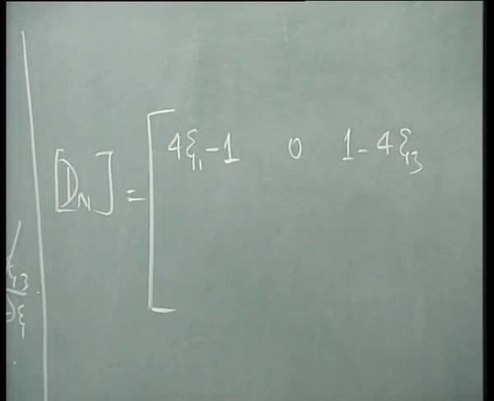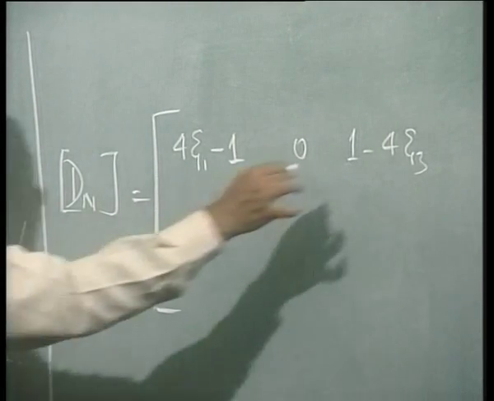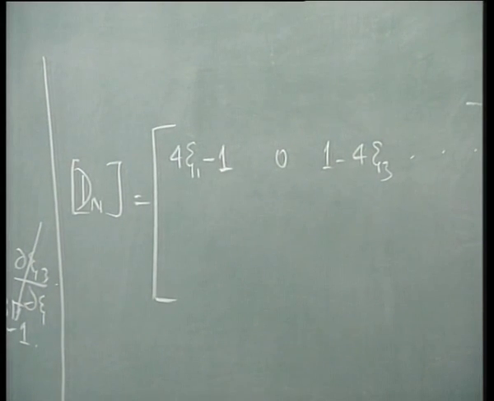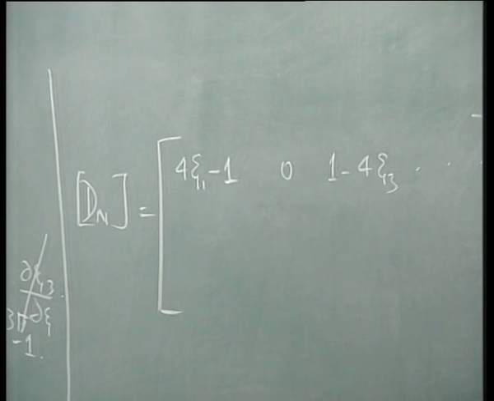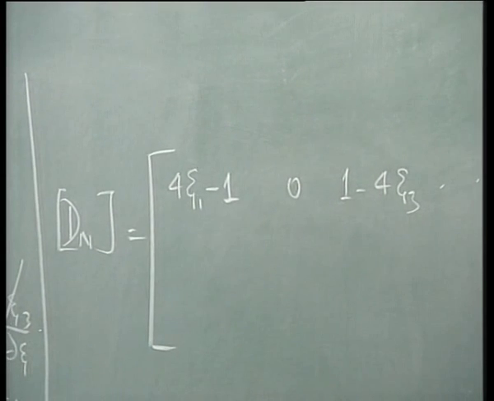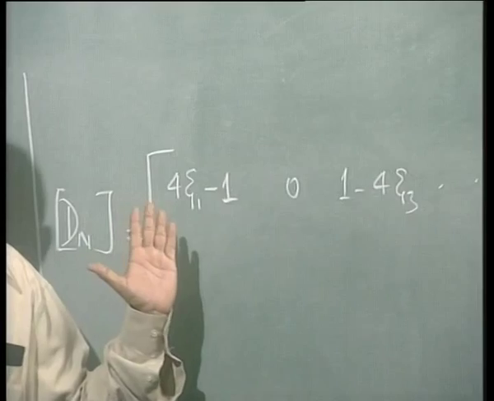Okay. So here again 0 and so on, and here again you have to put 0, 4 psi 2, just fill it up. Okay. Now, once you do this dn, then the procedure is exactly the same as what we did before.